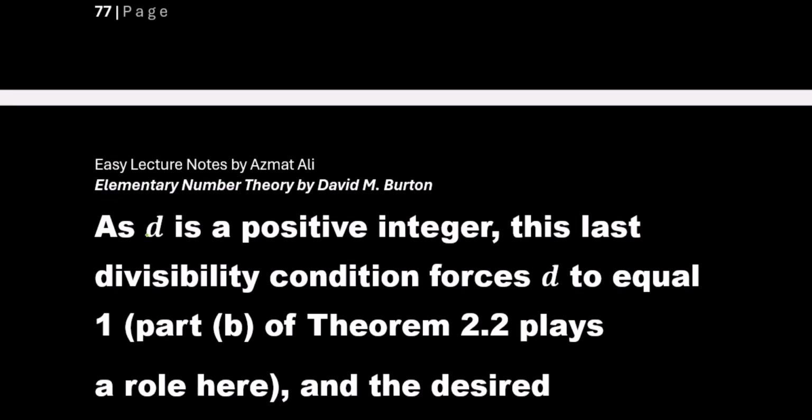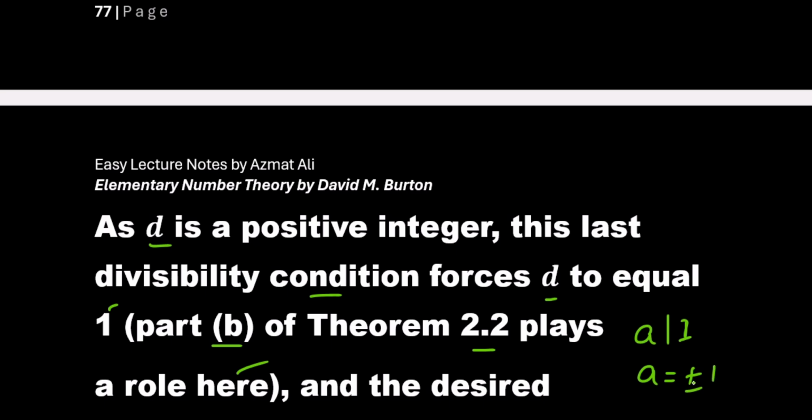As d is a positive integer, this last divisibility condition forces d to be equal to 1. Part B of Theorem 2.2 plays a role here. What was Part B of Theorem 2.2? This part says that if a number a divides 1, then there are only two possibilities, that a is equal to plus or minus 1.